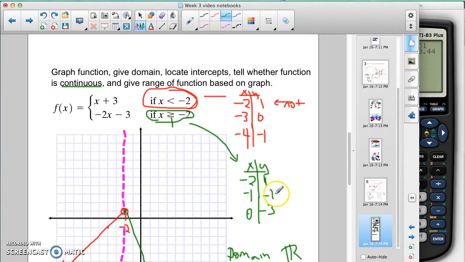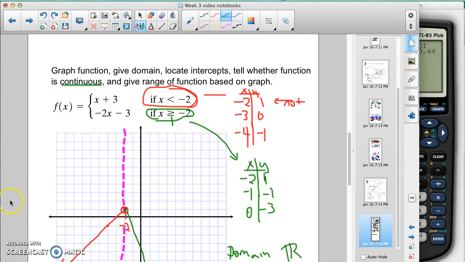Our intercepts are going to be, our intercept here is going to be -1.5, our intercept here is going to be -3 or so, and our intercept here is going to be -3.